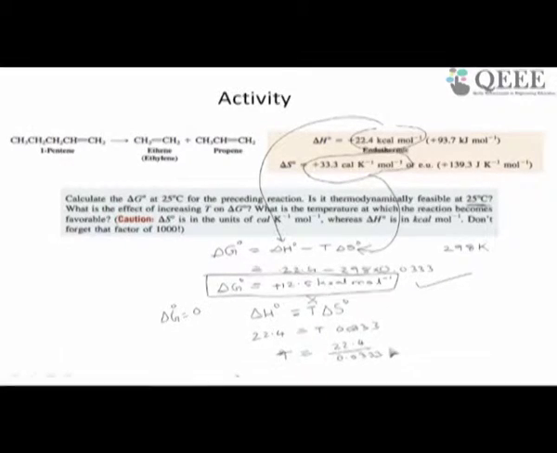So let's now do the division. 22.4 divided by 0.0333 gives a value of 672.6. If you deduct 273, it will give 399.67 degrees Celsius.